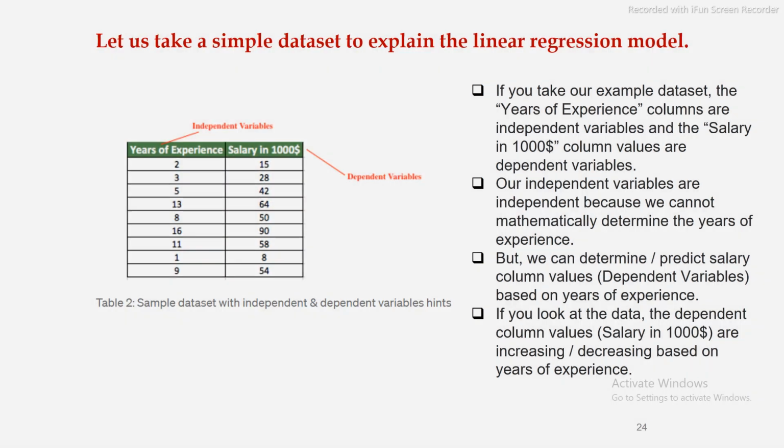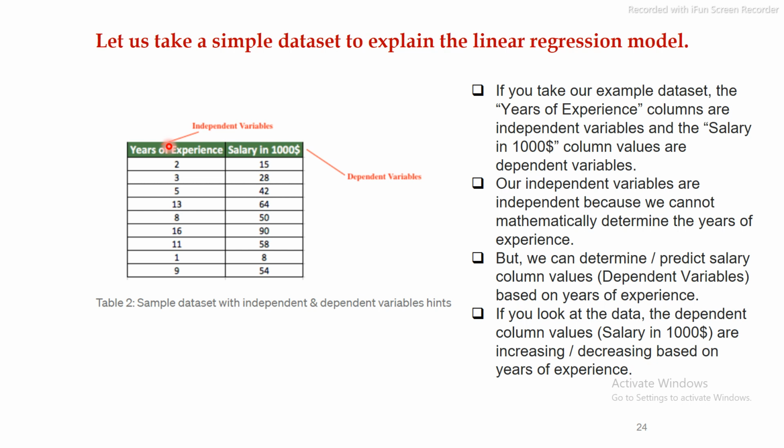This is just the objective of regression: if someone has 20 years of experience, what will their salary be? Mathematically you can calculate it. These data points: year of experience is your independent variable, and salary depends on year of experience, so salary is your dependent variable. This is simple linear regression because there is one independent and one dependent variable.